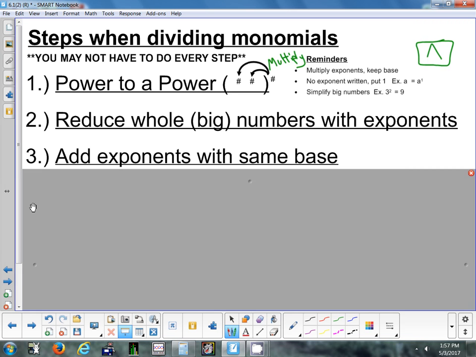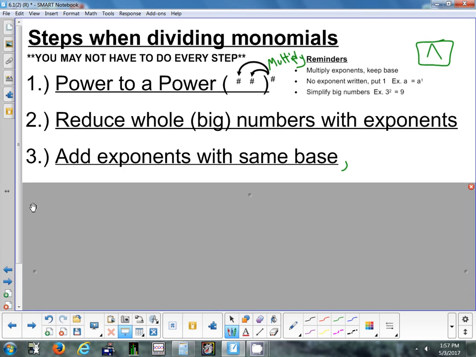Remember, they have to be, let's add this too, when they're on the same level. They're either going to be in the numerator part of the fraction or the denominator part of the fraction.